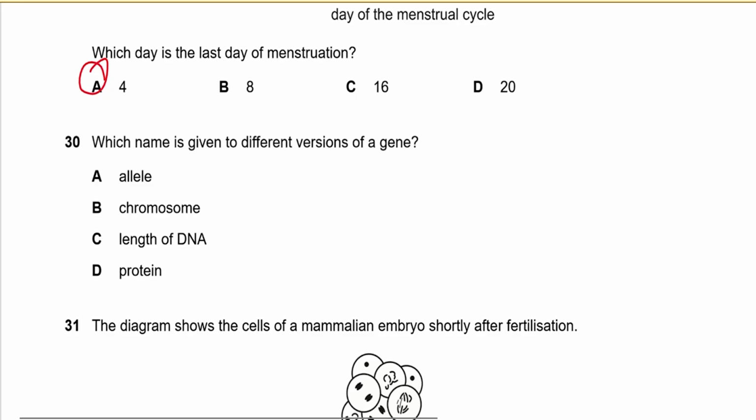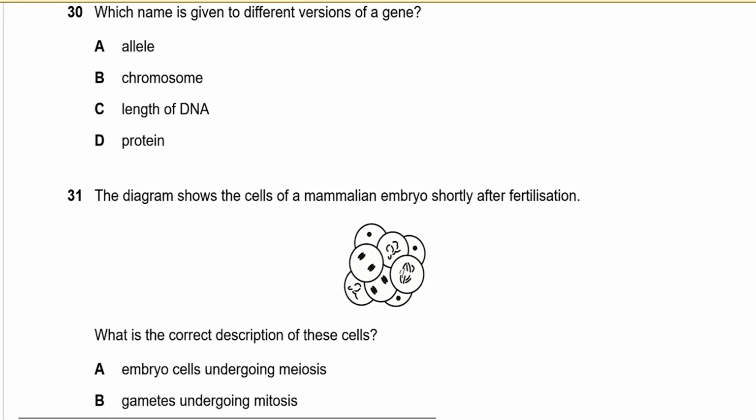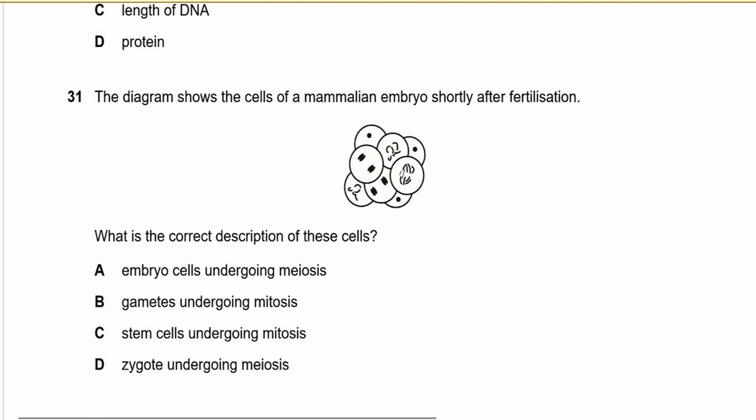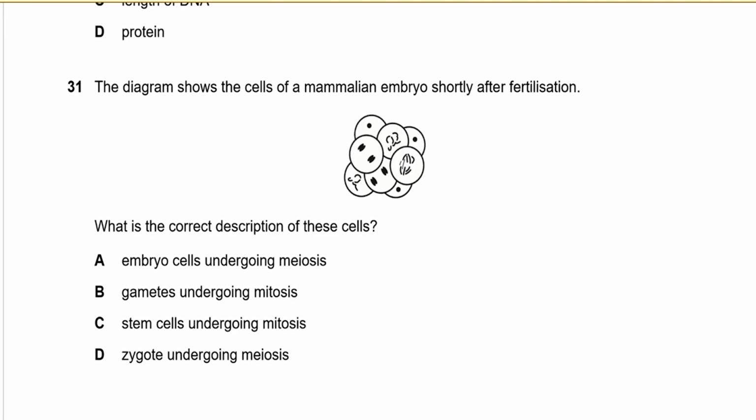Number 30 says, which name is given to a different version of a gene? This is an allele. An allele is a different version of a gene. The diagram shows the cells of a mammalian embryo shortly after fertilization. What is the correct description of these cells? Shortly after fertilization, the zygote is one example of a stem cell.